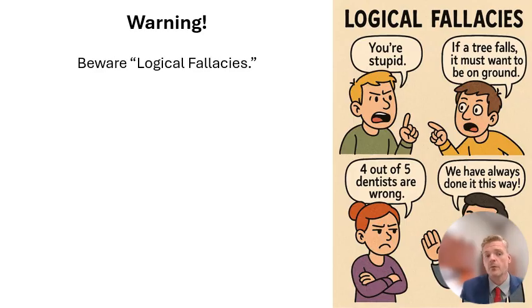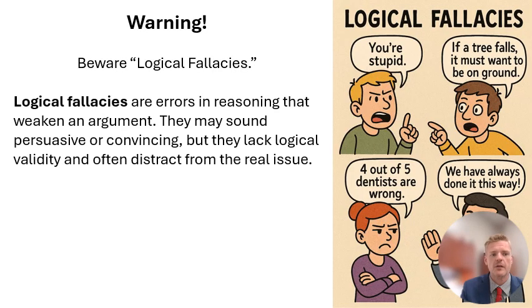So in order to know what not to do, you need to know what a logical fallacy is. And you've probably heard this term before. Remember, rhetorical fallacies is another version of this term, a synonym. So they are errors in reasoning that weaken an argument. They may sound persuasive or convincing, but they lack logical validity and often distract from the real issue. And they are extremely common.